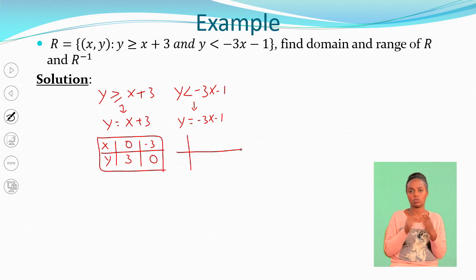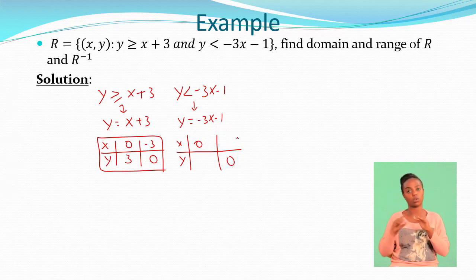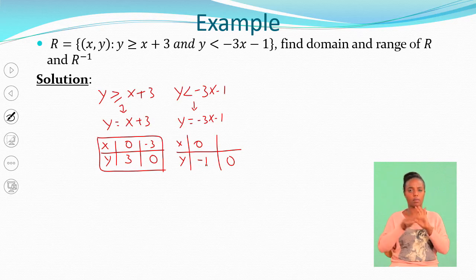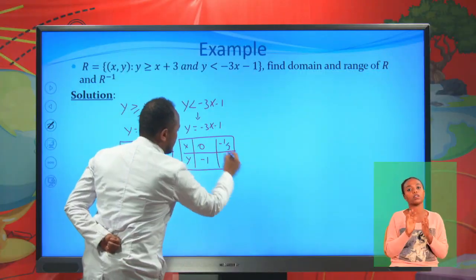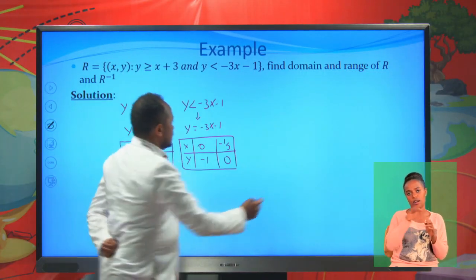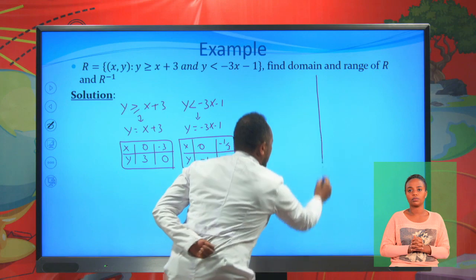So take the intercepts: when x is 0, y becomes negative 1, and when y is 0, x will be negative 1 over 3. So you will have this, and then draw the graph. So let's draw the graph here.